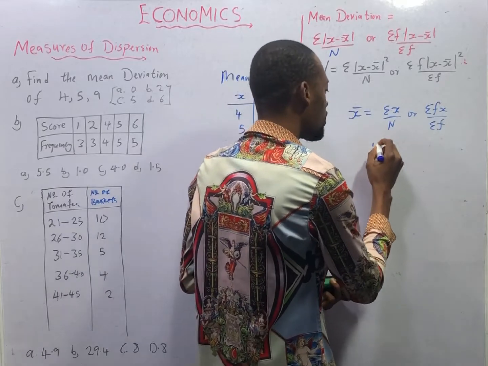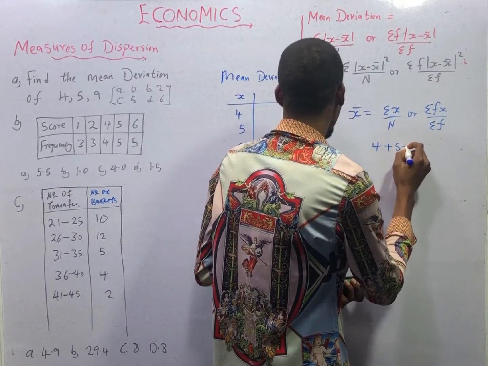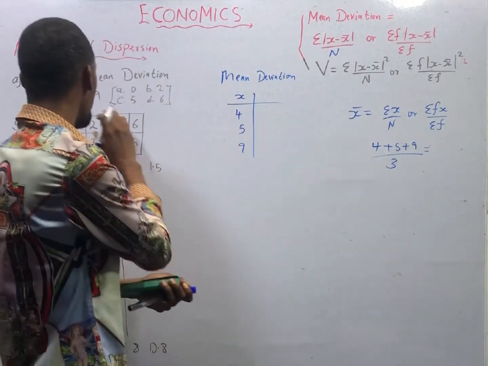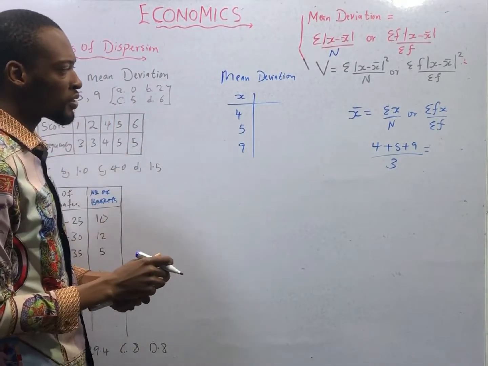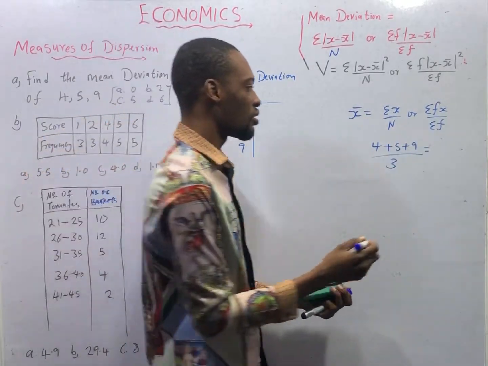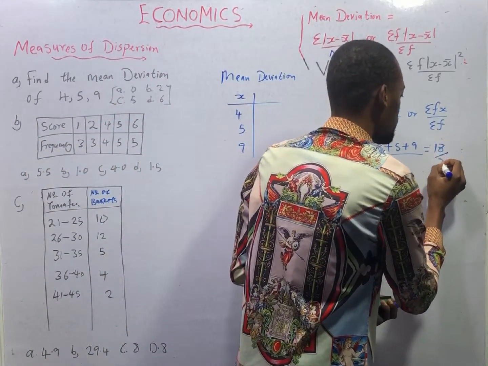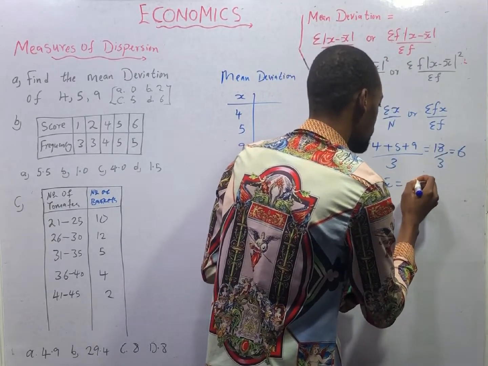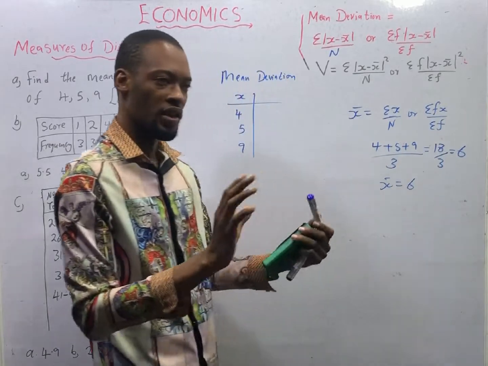We add all the values, 4 plus 5 plus 9, divided by 3. This is the mean of the values. 4 plus 5 is 9. 9 plus 9 is 18. So 18 over 3 is equal to 6. S bar is equal to 6. We found the s bar.